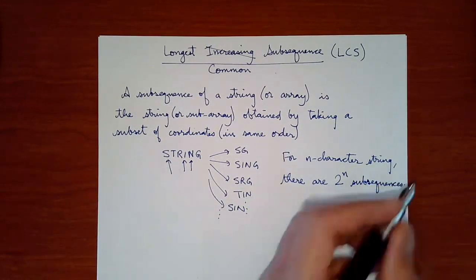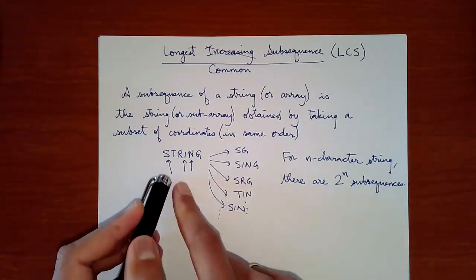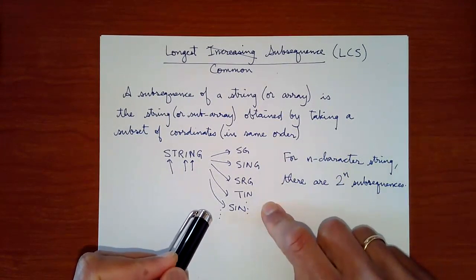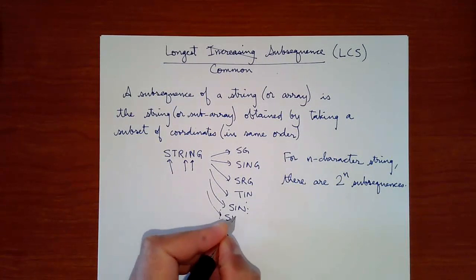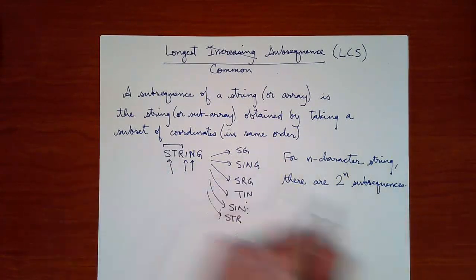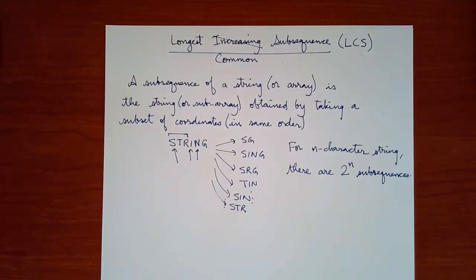How many substrings are there? n choose 2. A substring has to be contiguous. So for example, none of these are actually substrings, but STR is a substring because it's a contiguous portion. In a subsequence, you don't need it to be contiguous.